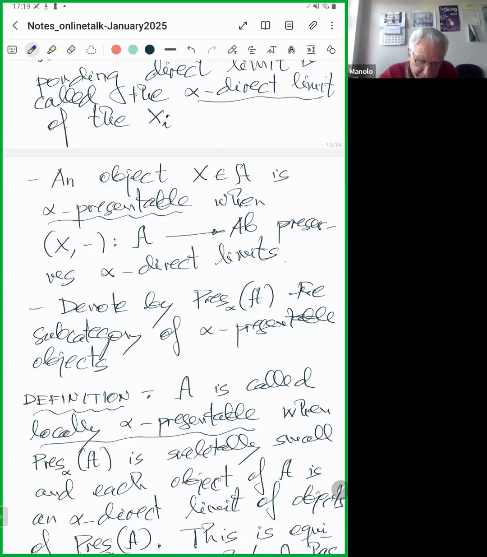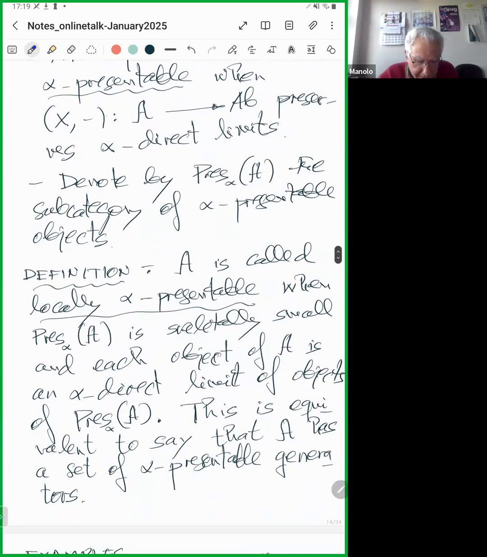And we denote by Pres alpha of A the subcategory of alpha presentable objects. Then the category A is called locally alpha presentable when the subcategory of alpha presentable objects is skeletally small, and each object of A is an alpha direct limit of alpha presentable objects. This is again equivalent to saying that A has a set of alpha presentable generators.